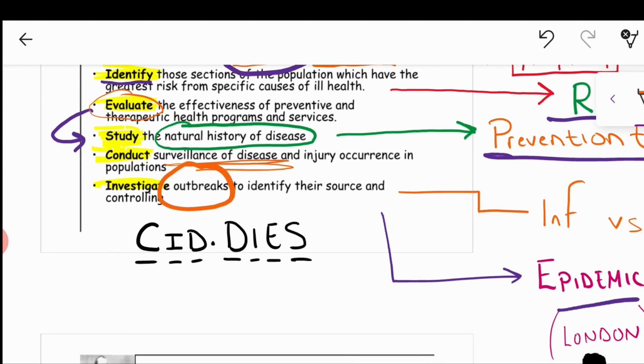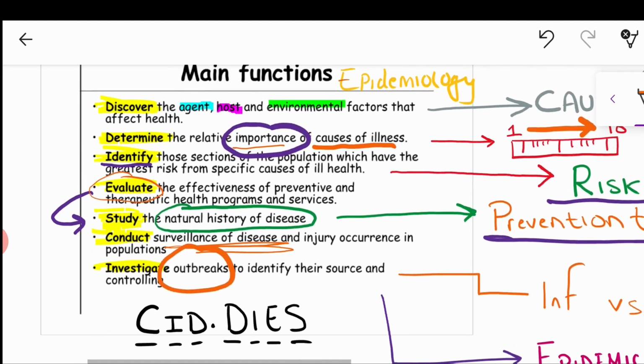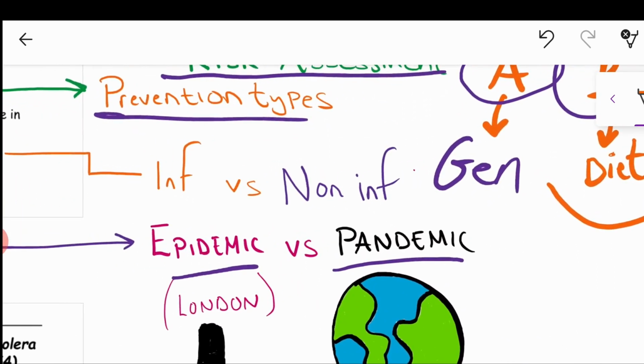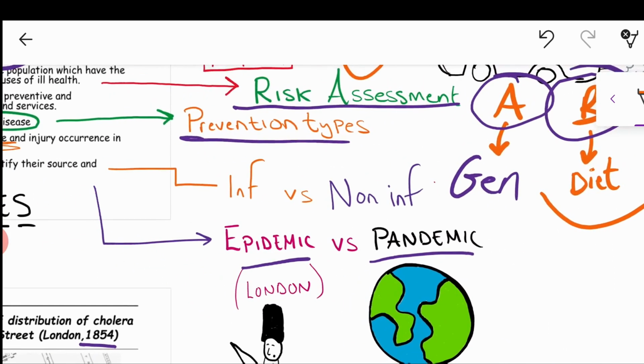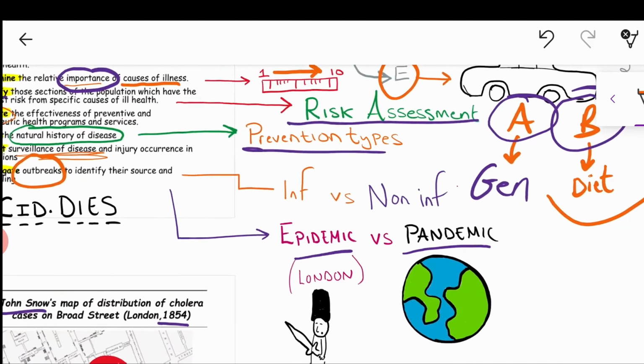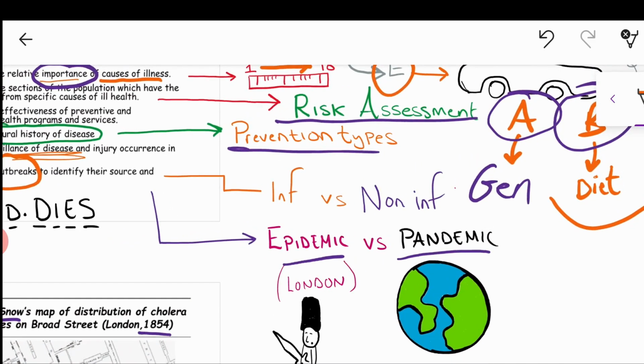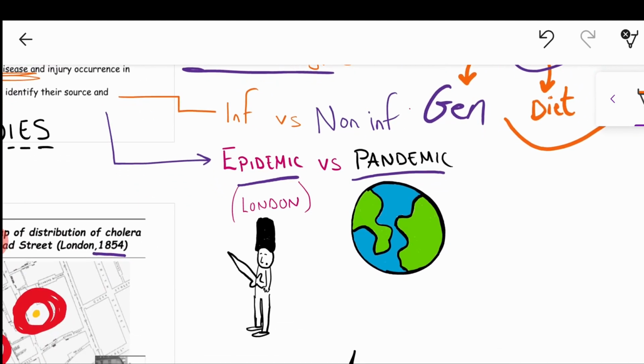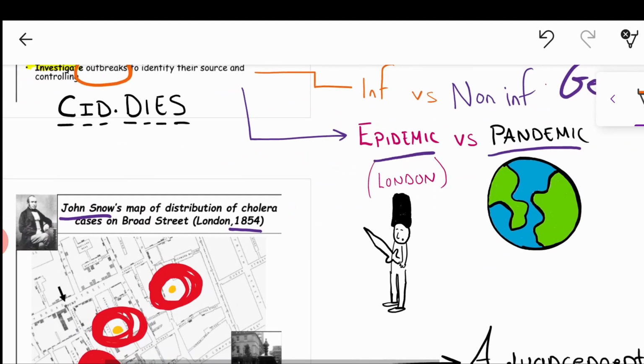Conducting, we want to conduct surveillance, different studies, as we'll see later on as well. This will help us in terms of epidemiology studies and investigation. We can have infective and non-infective spread of disease, or infective and non-infective outbreak. We can have epidemic and pandemic outbreaks. Okay.